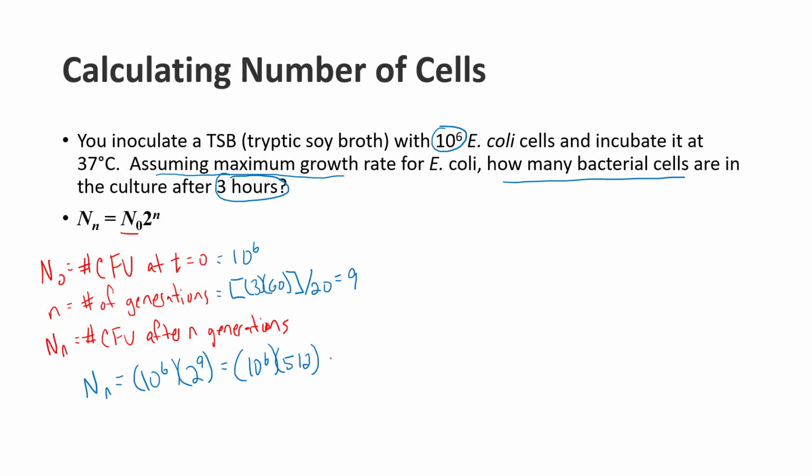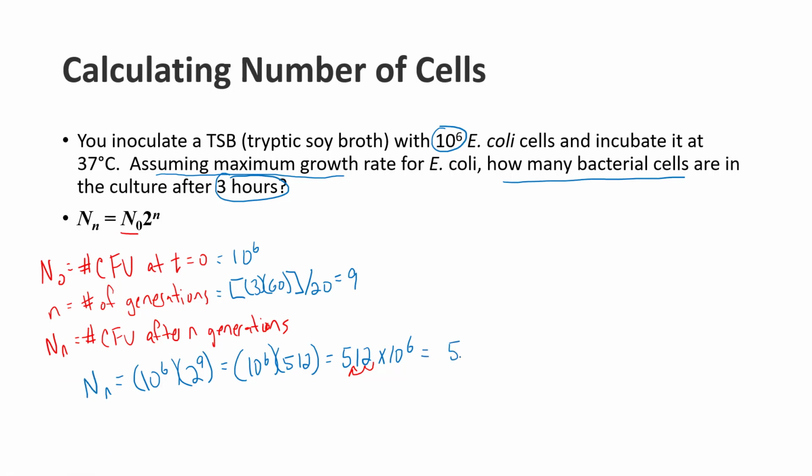We would want to write this in proper scientific notation, of course. So 512 times 10 to the 6th, but proper scientific notation means that we would want the decimal to be right here. So we would need to move the decimal 2 places to the left in order to have the answer in proper scientific notation.